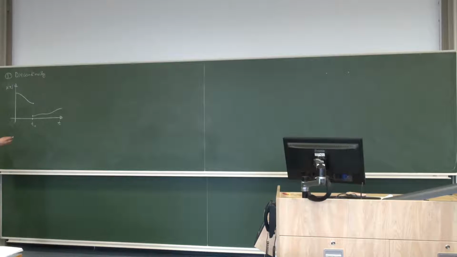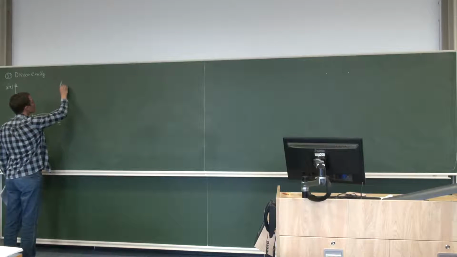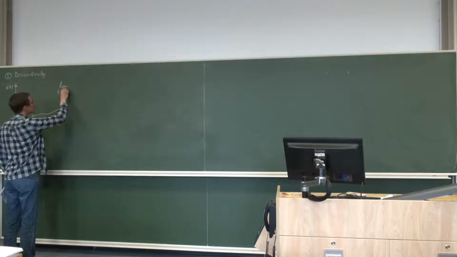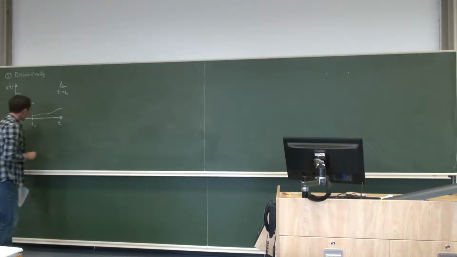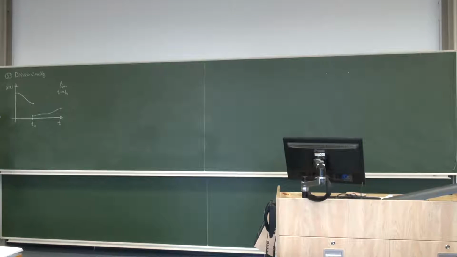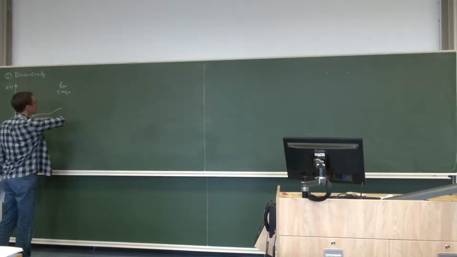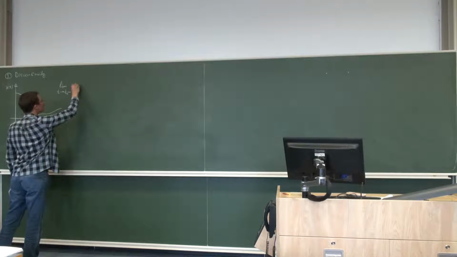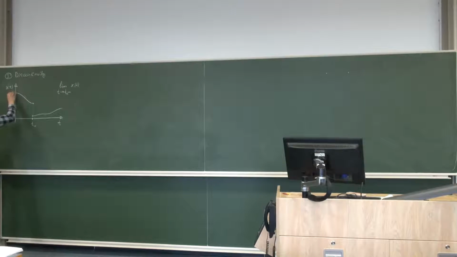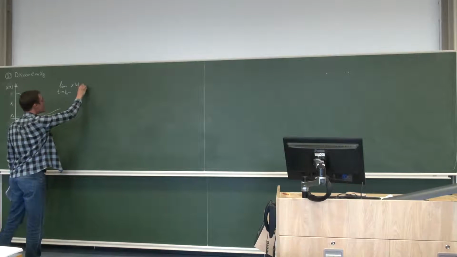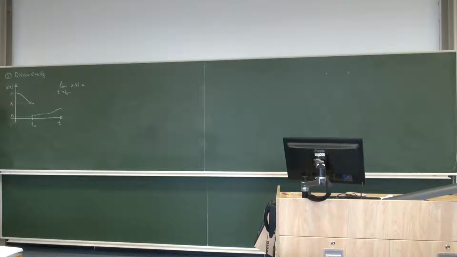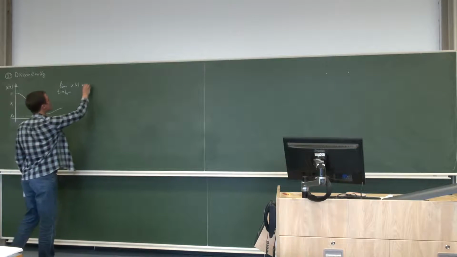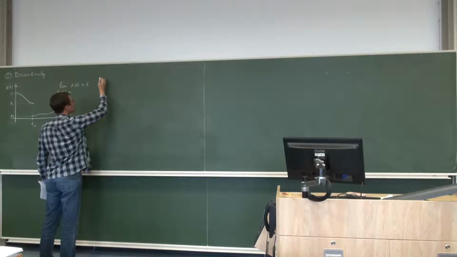So we will introduce something called the left limit. Limit as t goes to t0 from the direction of minus infinity, so t0 minus, of x of t. Let's call this point x1, and that x2. So the limit as we are approaching the discontinuity from the left is x1, the left limit.